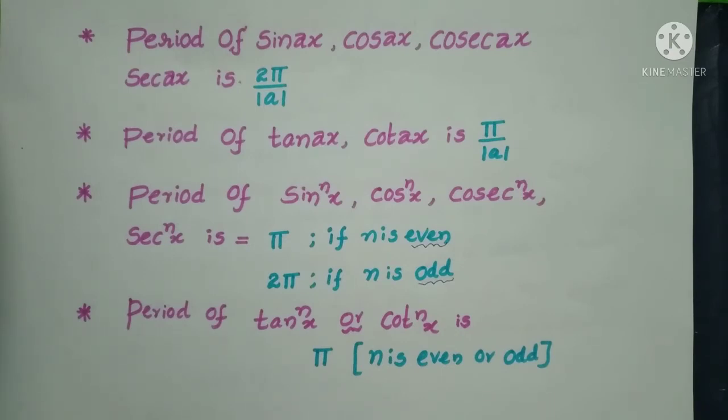When n is odd, the period is 2 pi. This is very important. And the period of tan to the power n of x or cot to the power n of x equals pi only, either even or odd.